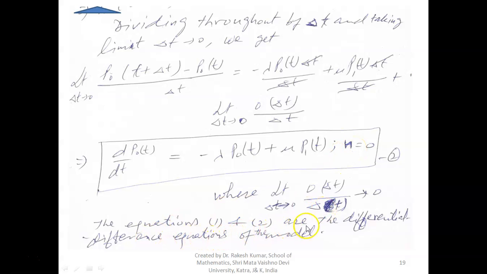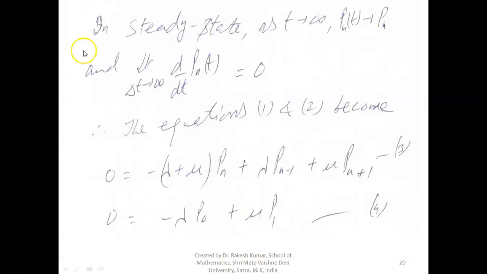So equations 1 and 2 are the differential difference equations of the M/M/1 queuing model. Now we are interested in the steady state solution of this model, that is when time is very large. In that case, the system size probabilities, that is the p_n, become stationary.